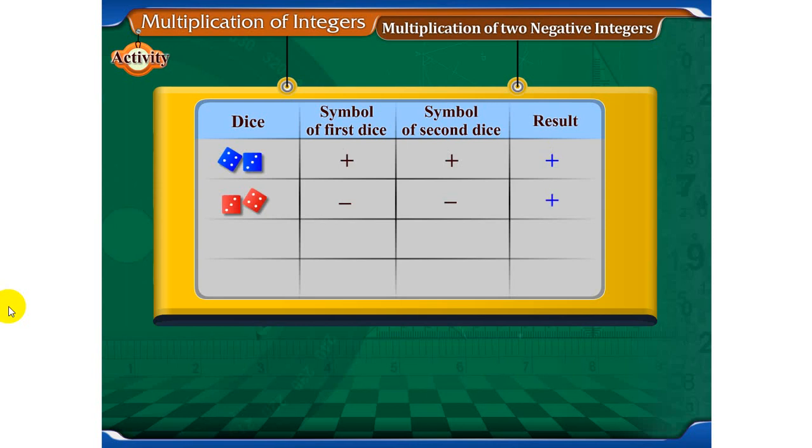Now, suppose 1 red and 1 blue dice are thrown, and then we get 1 negative and 1 positive integer, whose product is a negative integer. Or when 1 blue and 1 red dice are thrown, then again the product is negative.